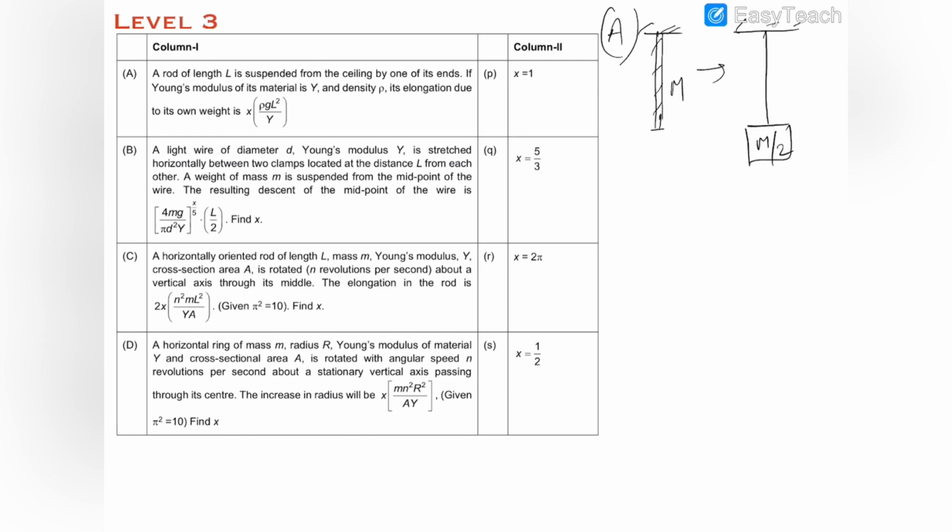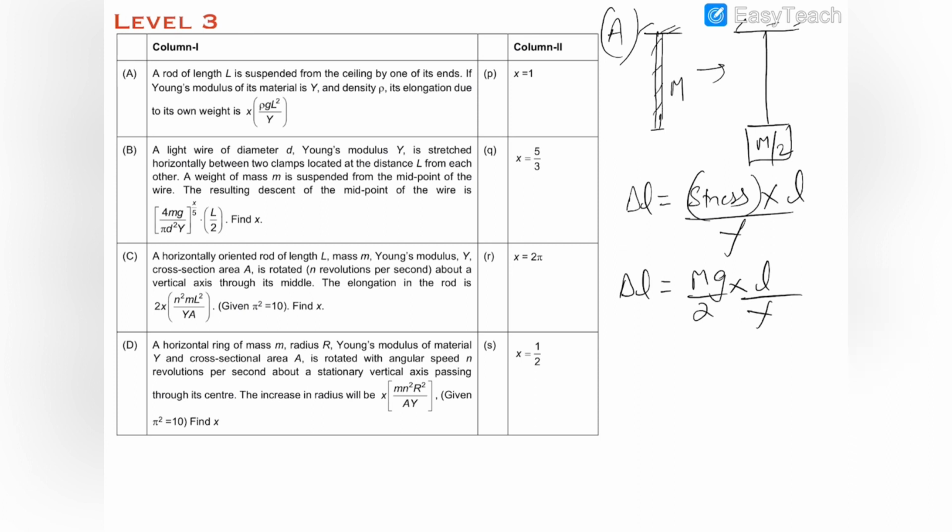So this elongation delta L will be equal to stress into original length upon gamma. So delta L will be equal to stress, which is mg by 2, into original length L, divided by gamma.